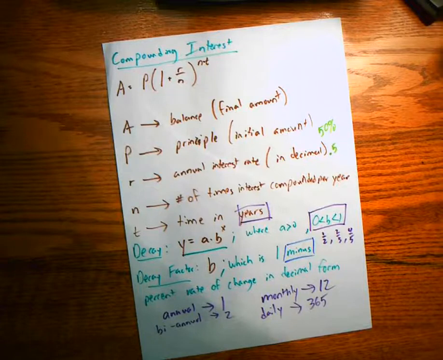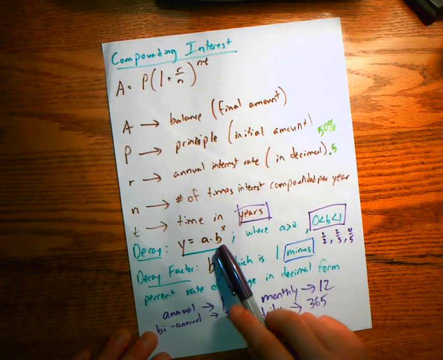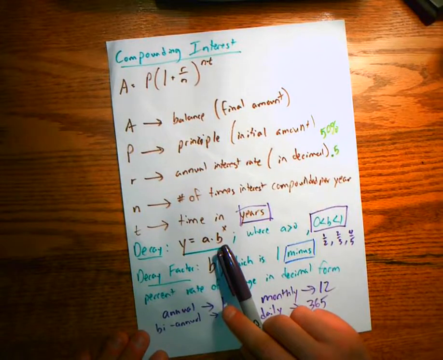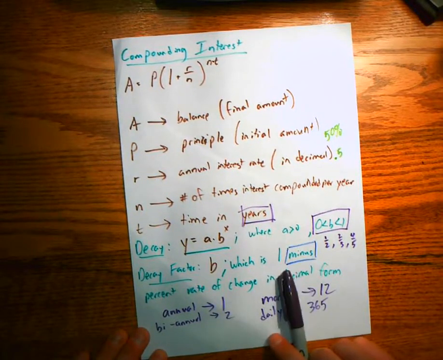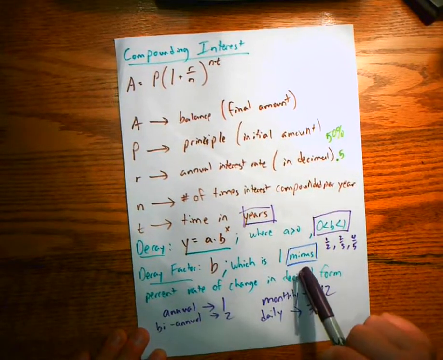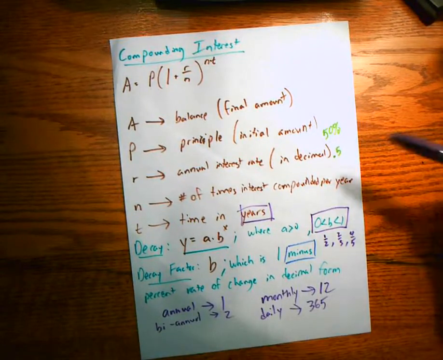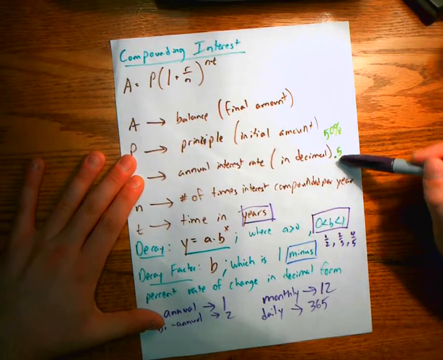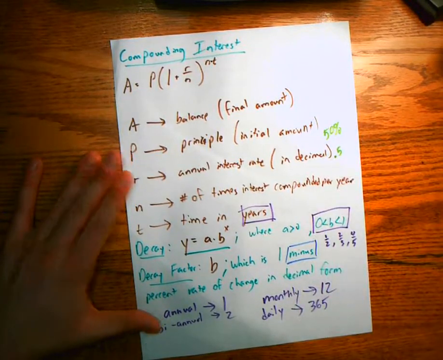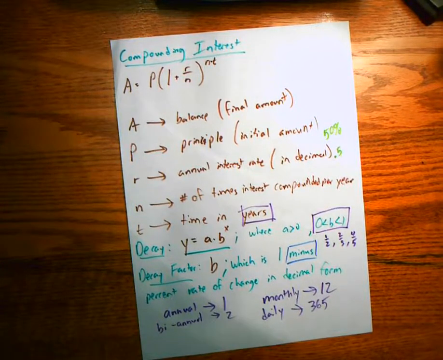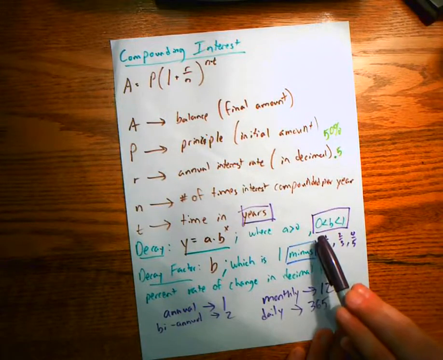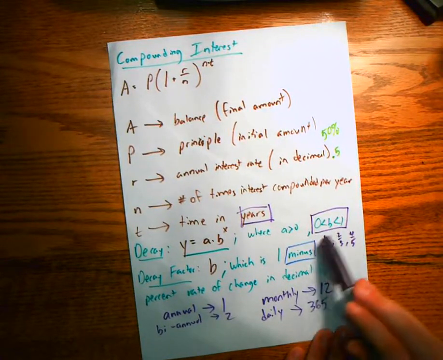And just like we had a growth factor, we also have a decay factor, which is representative of the same thing in your equation. The only thing that's different is you're taking 1 minus your percent change, or your rate in decimal form. So converting your percent into a decimal and taking 1 minus that number will give you your decay factor, and it's always going to be between 0 and 1.